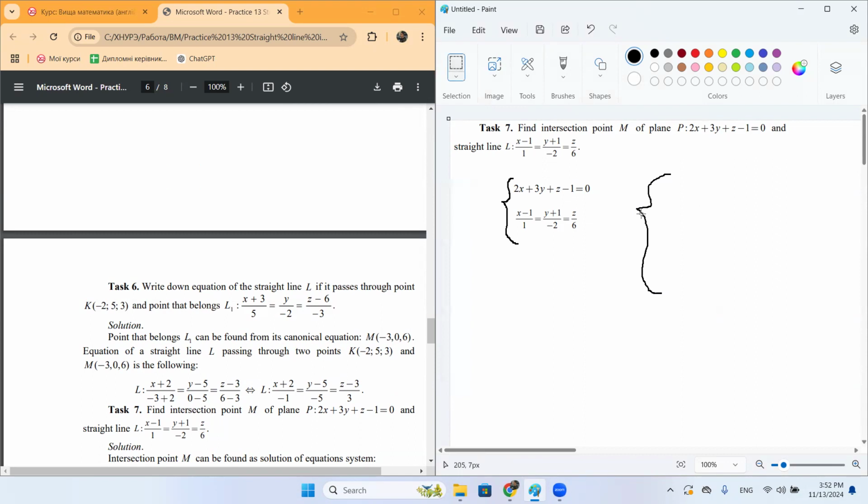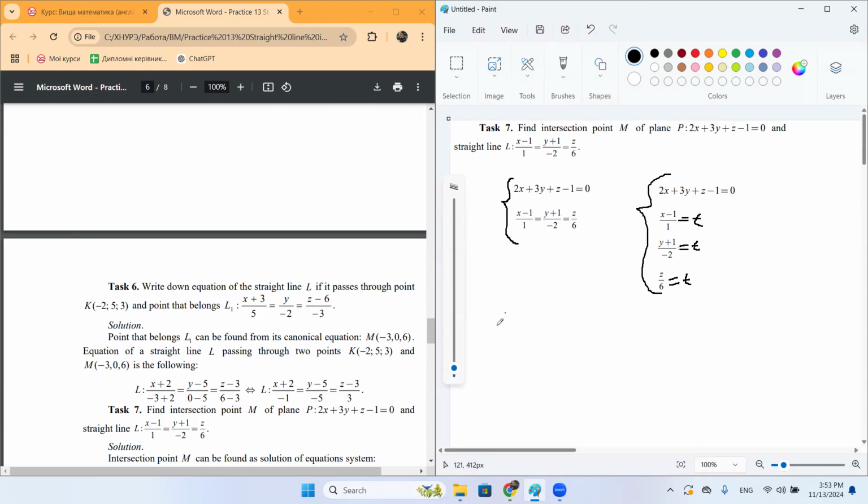So let me paste it without changes. So this part separately, this and this. So it equals t. It equals t as well. And this part equals t as well.